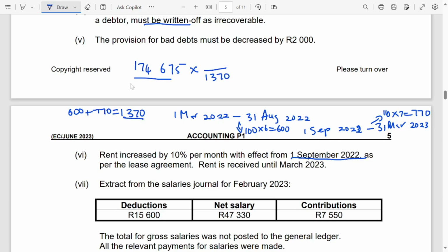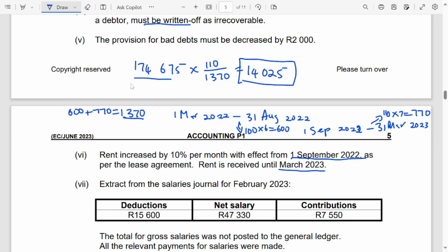We are looking for the rent of March. The rent of March includes the 10%, meaning that it's 110%. So how much is that? 174,675 multiplied by 110 divided by 1,370 is going to be 14,025. So now we have found our income received in advance, because we received the rent for the month of the next financial year, which is March.